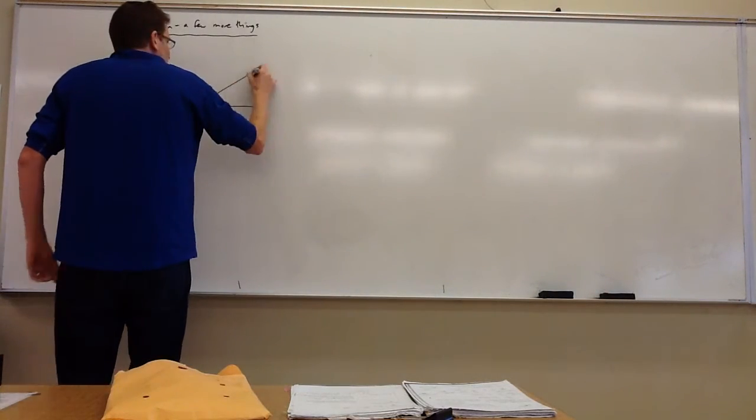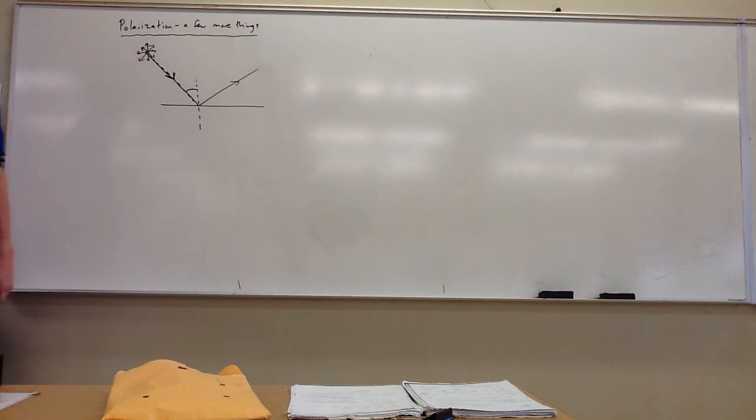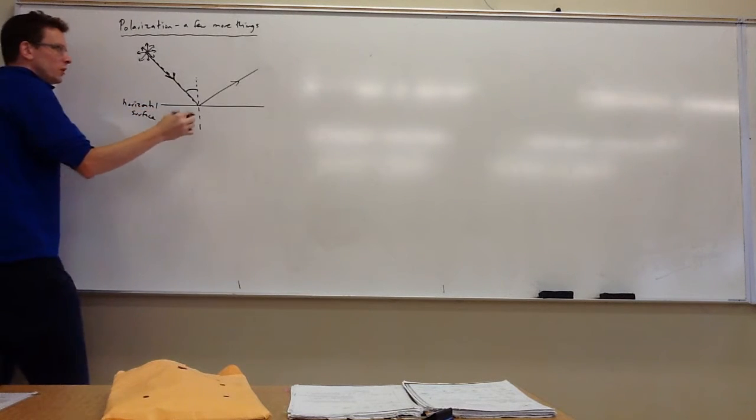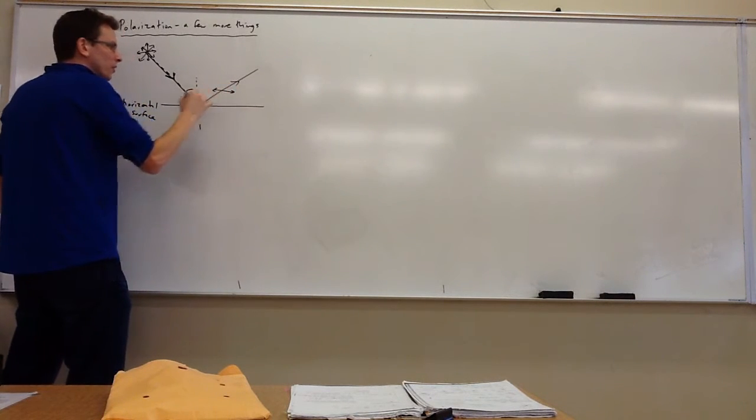When light reflects off a surface, you will find that what is represented most highly in the polarization that's reflected is polarization that's parallel to the surface. So since this is a horizontal surface, what you will get most is the horizontal polarization.